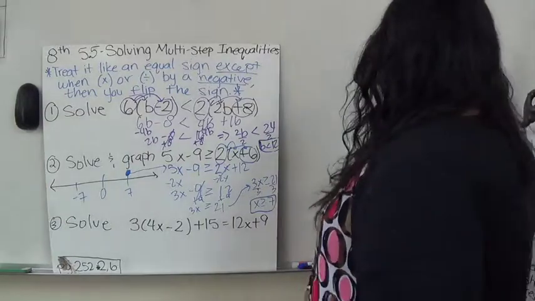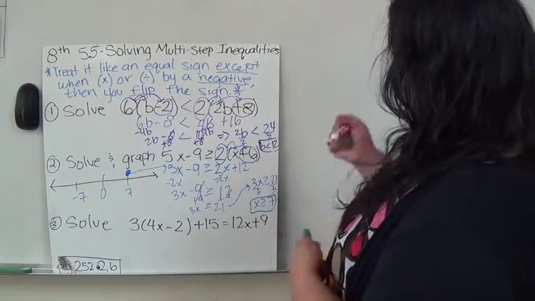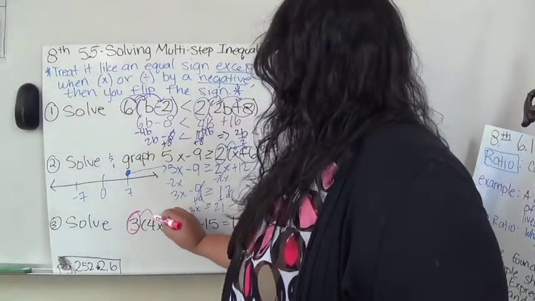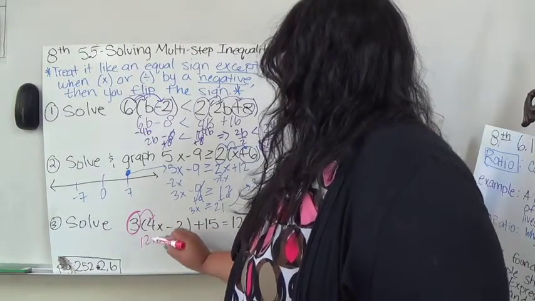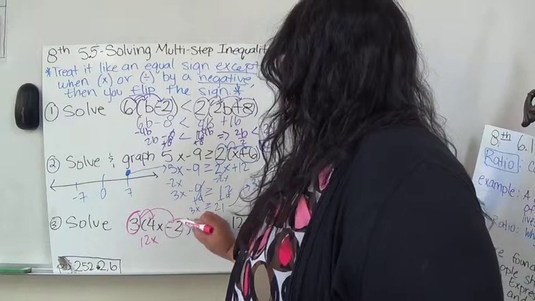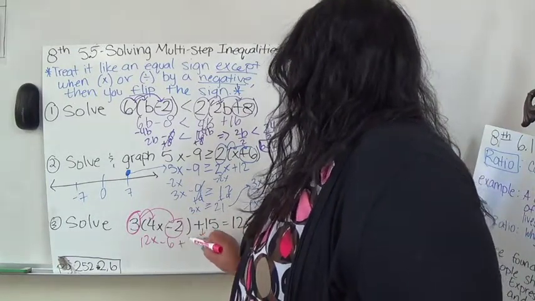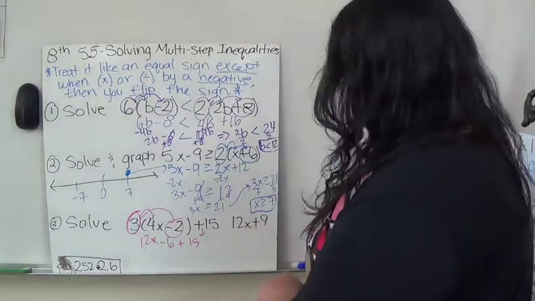All right, so the last one is similar to this one. I have to go ahead and distribute my parentheses. So that goes first and foremost, so 12x, and then 3 times -2, which is -6. And then I'm just going to bring 15 down.